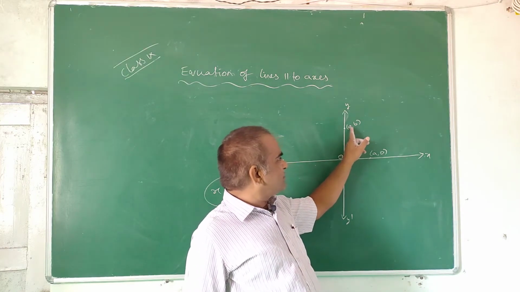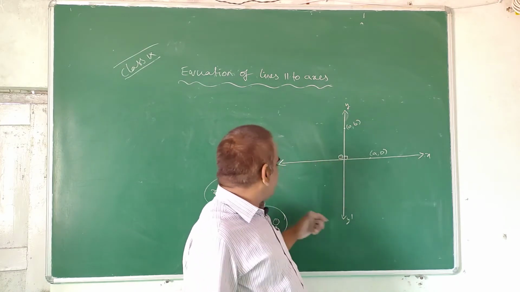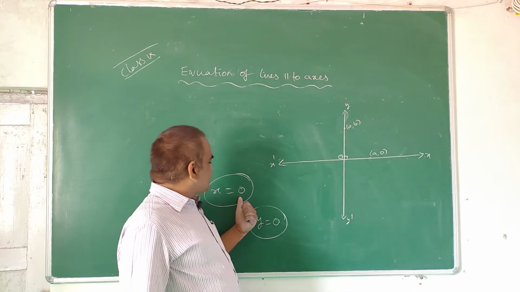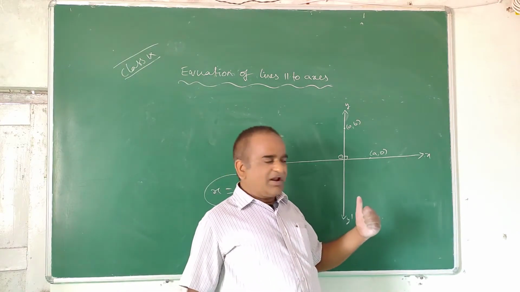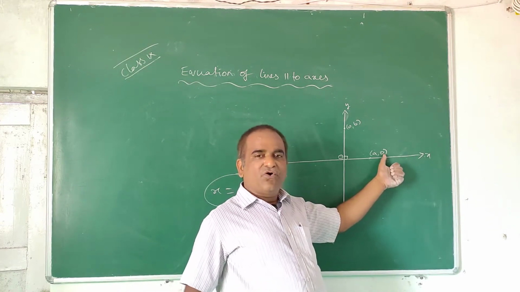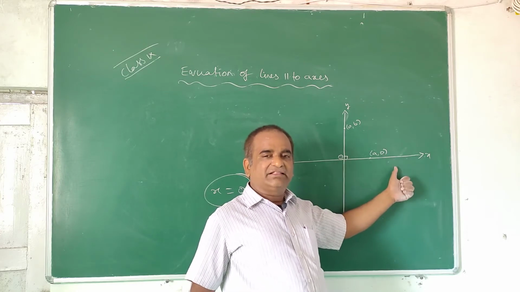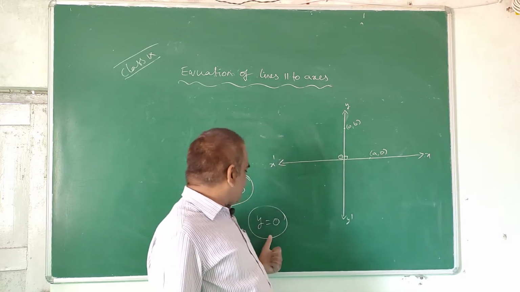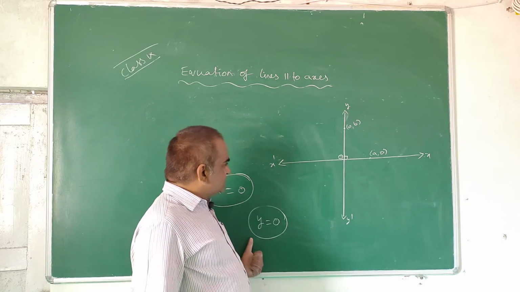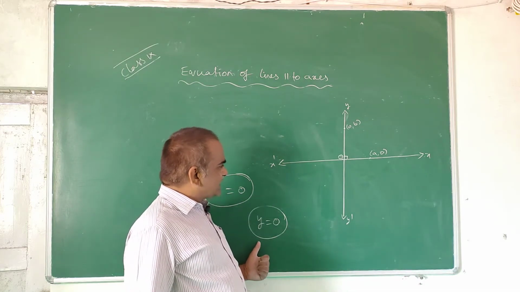So x is equal to 0 for every point on y-axis, so x is equal to 0 is the equation of y-axis. Are you following? And y is equal to 0 for every point on x-axis, so y is equal to 0 is the equation of x-axis.